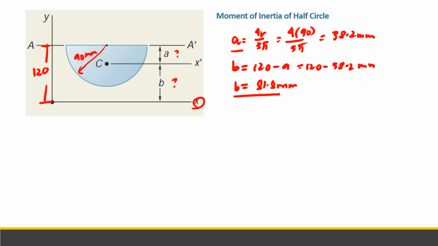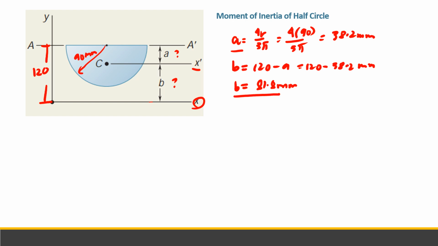But the moment of inertia with respect to the centroid or x prime is unknown pa. So we will solve muna the moment of inertia at the centroid with AA prime para ma-solve natin yung I bar natin. And then we can solve the moment of inertia with respect to the x-axis.